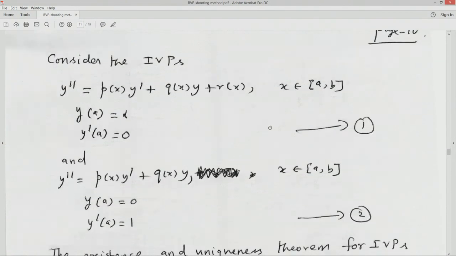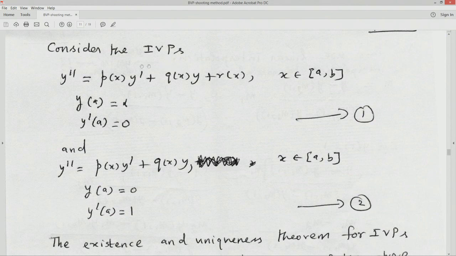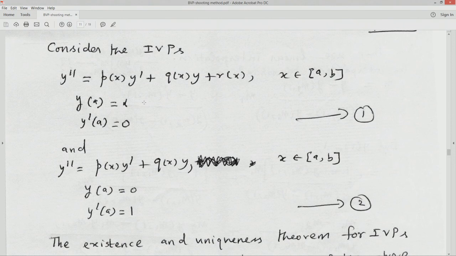So, what is my first initial value problem? The first initial value problem is such that it is governed by the second order differential equation, which is a non-homogeneous second order differential equation that is given in the linear boundary value problem, which we have been asked to solve. What should be the initial conditions that I should take? y of a is equal to alpha.